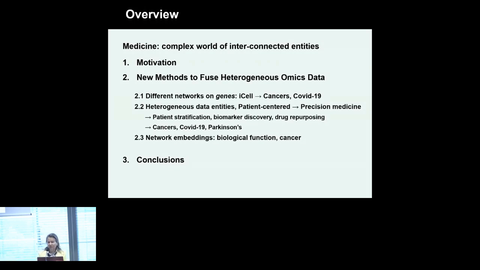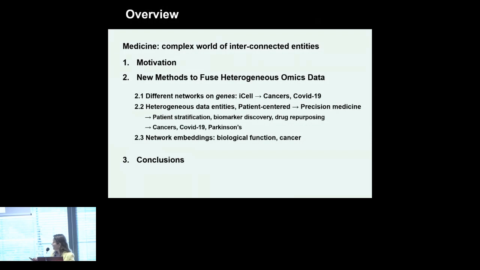The first will be on how to fuse networks on genes, so the same type of entity. Then how to fuse heterogeneous data entities in a patient-centered way to improve various tasks of precision medicine at the same time and computational cost. We'll see several diseases, also single-cell data, etc.